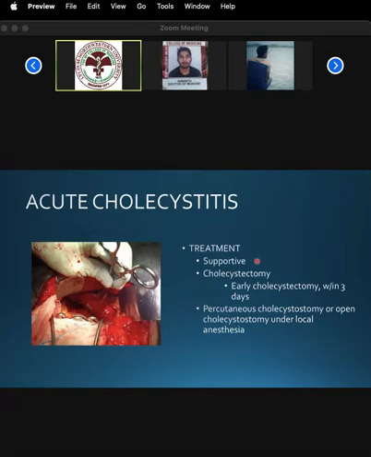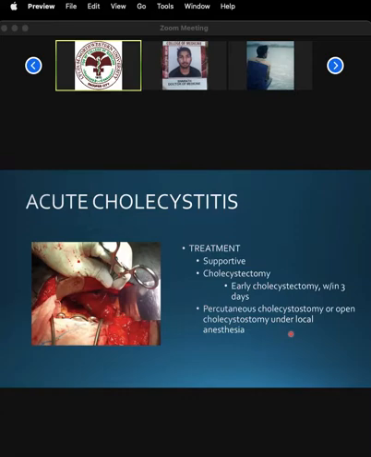Now, for patients who are not fit or not healthy enough to undergo cholecystectomy, we may perform percutaneous cholecystostomy or open cholecystostomy under local anesthesia. The objectives are to drain the infected bile while building up the patient and preparing the patient for a more definitive procedure.